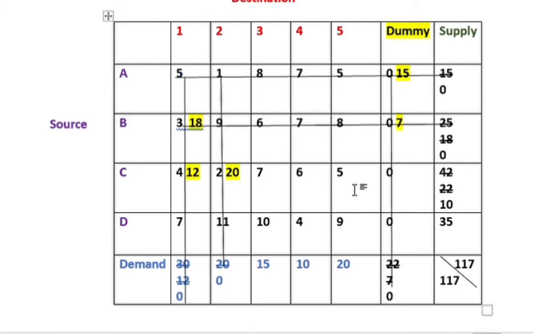Now we have left this cell, so now we need to check the least cost, that is 4. For the D4 cell, the respective demand is 10 and the respective supply is 35, so we can fulfill all the demand, that is 10 demand for this cell. I will write 10 here. So now 10 minus 10 is 0, and here 35 minus 10, that is 25 supply still remains.